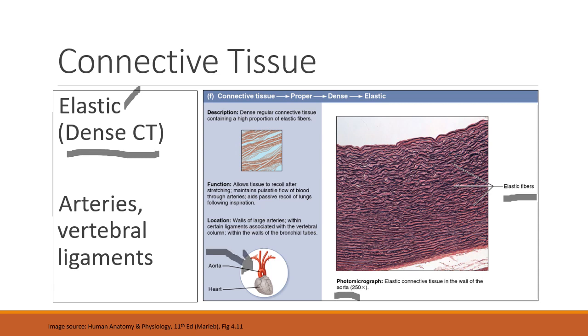You want it to be stretchy so that as the pulse of blood is pushed through, the artery walls can stretch out and then return to their normal shape. So when you feel your pulse, like in your wrist, that stretching, that pulsation, is secondary to this elastic tissue in the arteries.